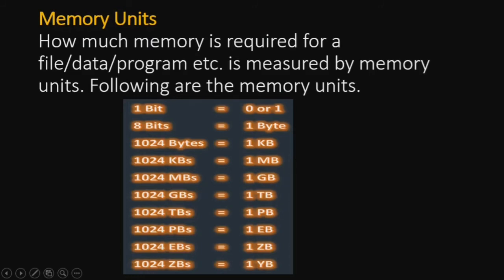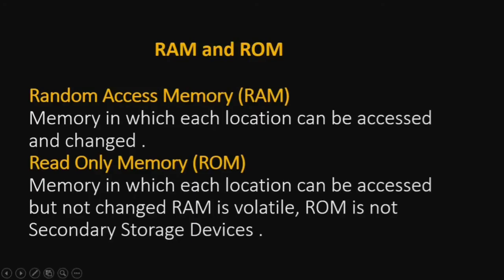So 1024 bytes together make a kilobyte. We are all familiar with kilobytes, megabytes, gigabytes, terabyte, petabyte, exabyte, zettabyte and yottabyte. All these measurements are given here. So 1024 kilobytes make a megabyte. Likewise it will be forming bigger memory measurement units.